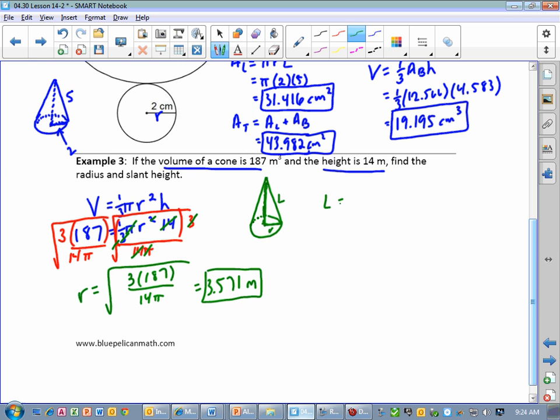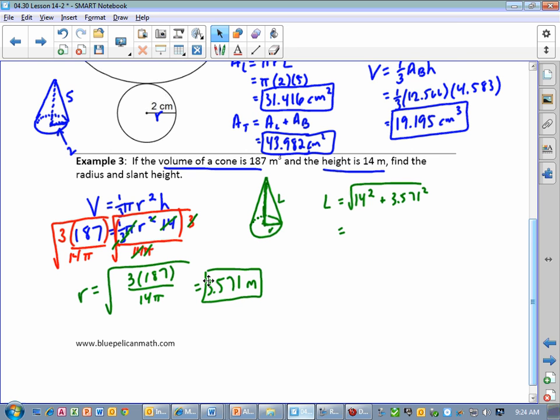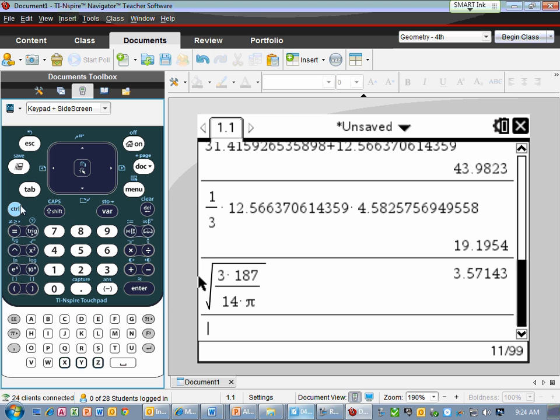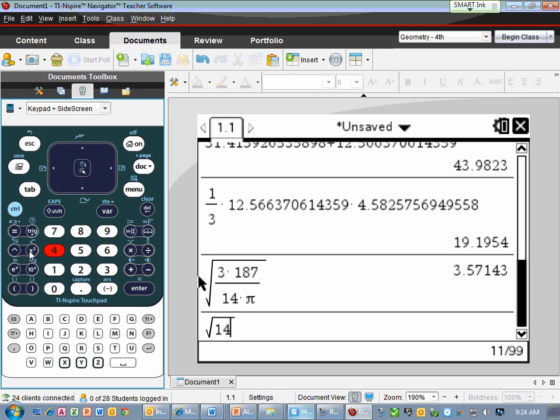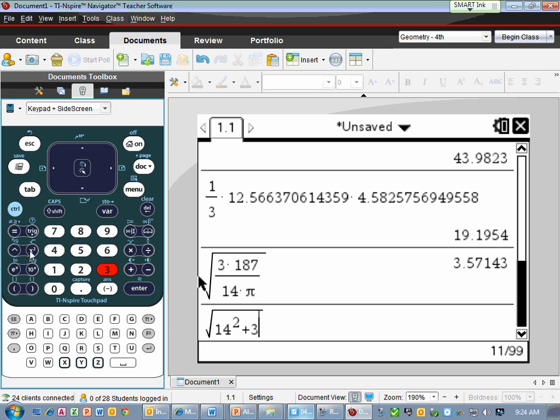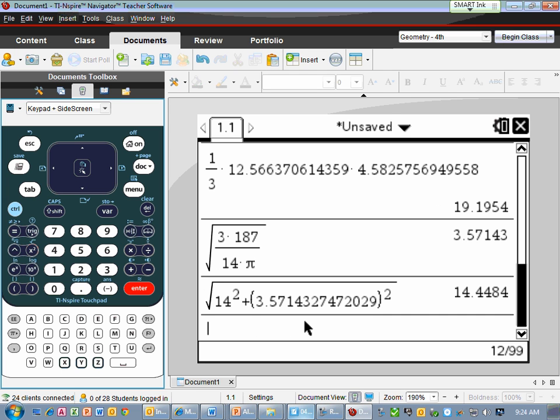And so our slant height must be the square root of 14 squared plus 3.571 squared. I'm just going to press the up arrow, copy it down. I make sure it's still underneath my square root like I want it to be, and it is. And we get 14.44.